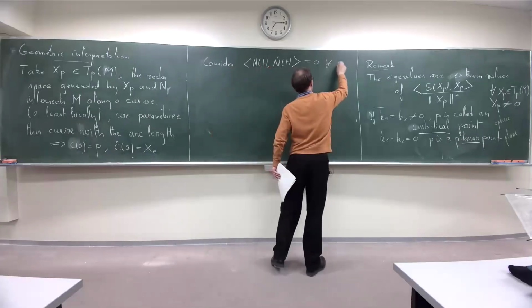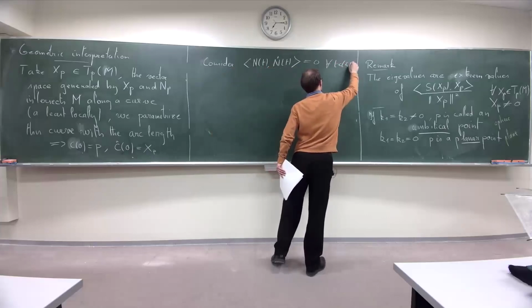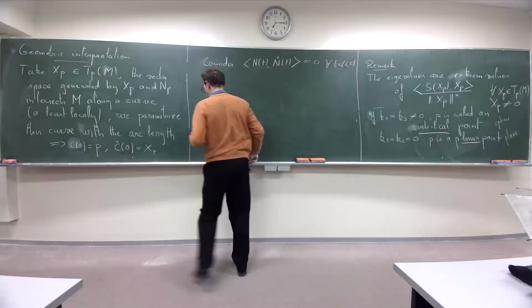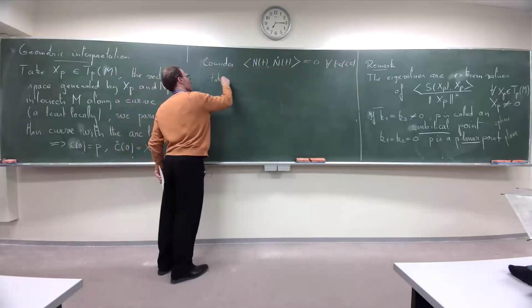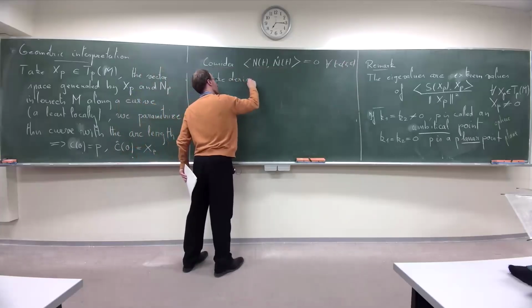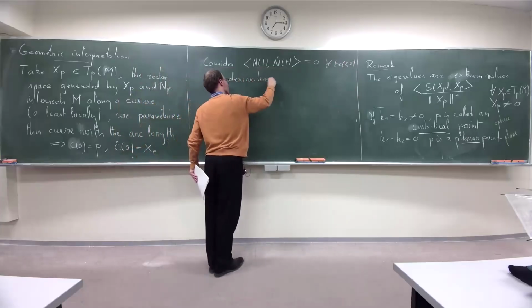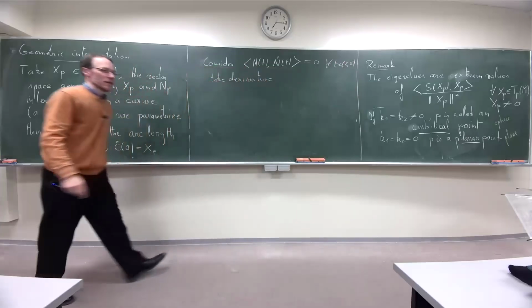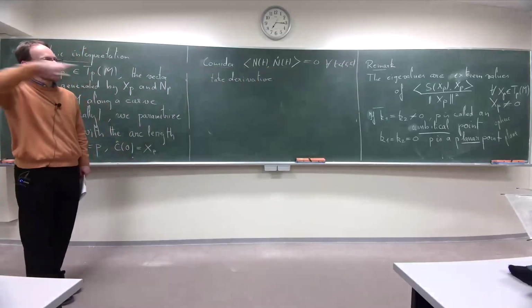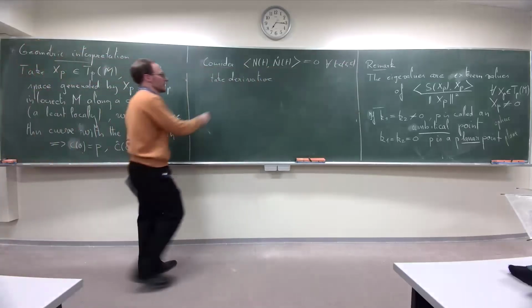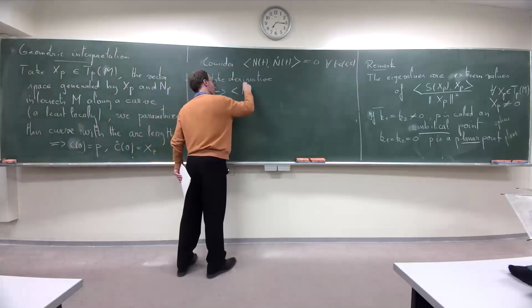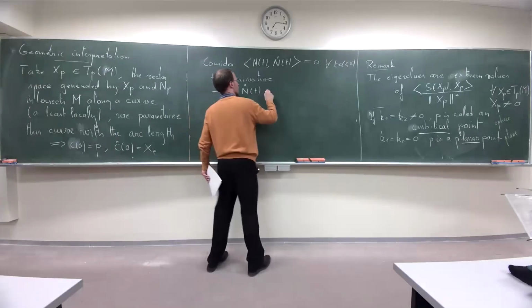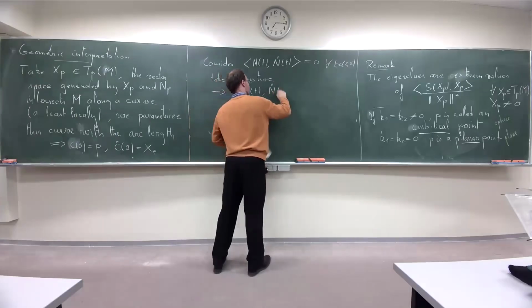So this is true for any t in a small interval. Everything is local with this construction. So I can take a derivative, implicit differentiation, something we do in calculus. We have the constant function 0, we take its derivative.